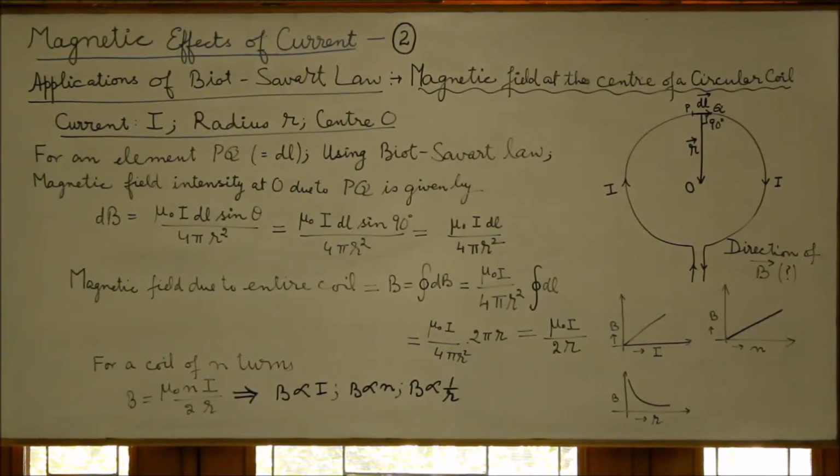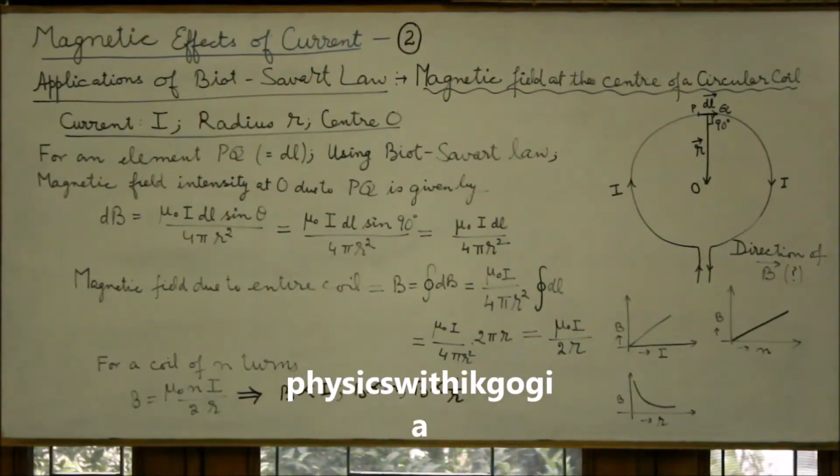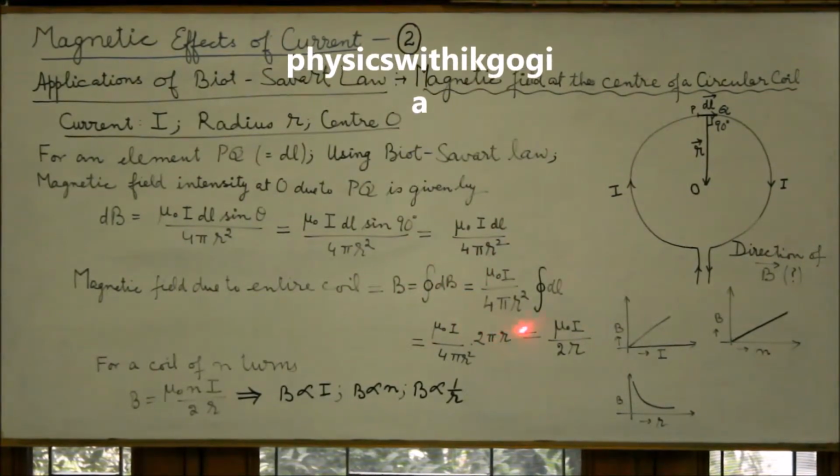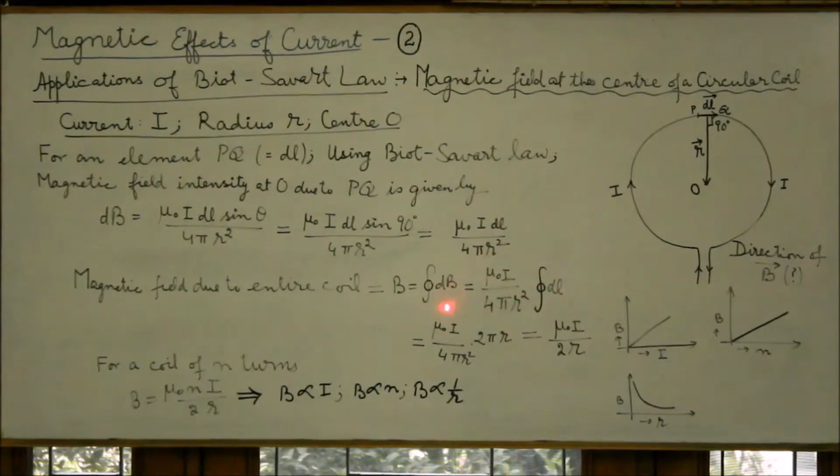We can use this expression to calculate the field due to the entire coil, which we will get by integration. So the magnetic field due to the entire coil will be B, that is the integral of dB, that is the integral of mu naught I over 4 pi r square.